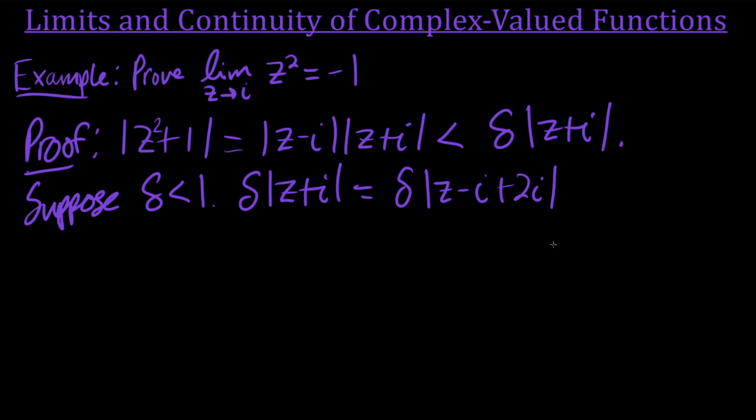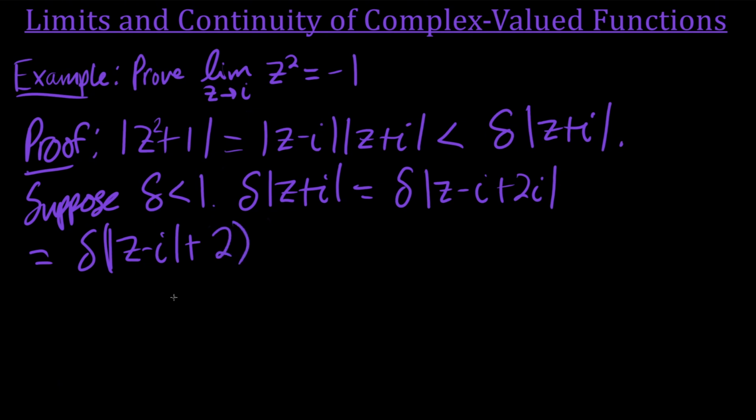Because negative i plus 2i simply equals i, so these two expressions are equivalent. Recall that the modulus of a sum is bounded by the sum of the moduluses. So this is at most delta times the quantity modulus of z minus i plus the modulus of 2i, and this should be in parentheses here. Notice that the modulus of 2i is simply equal to 2, so let's go ahead and replace that.